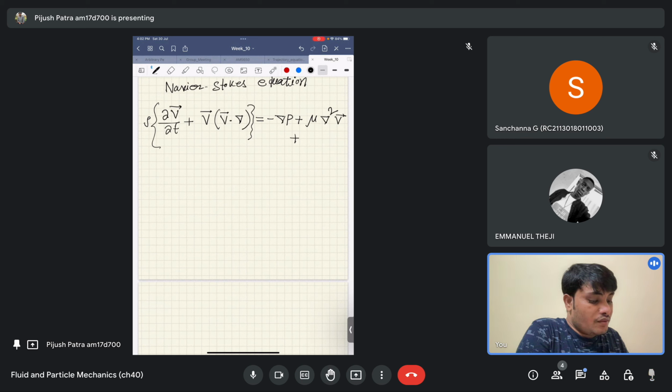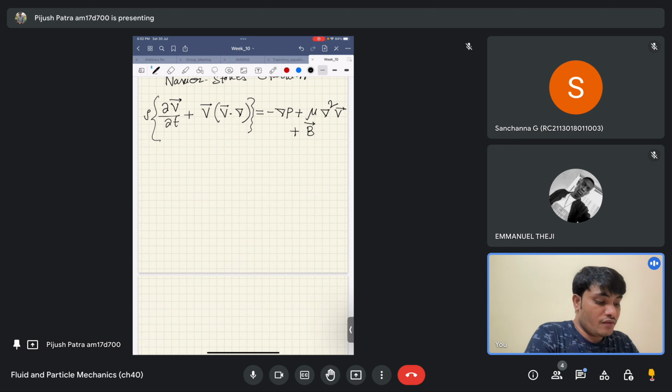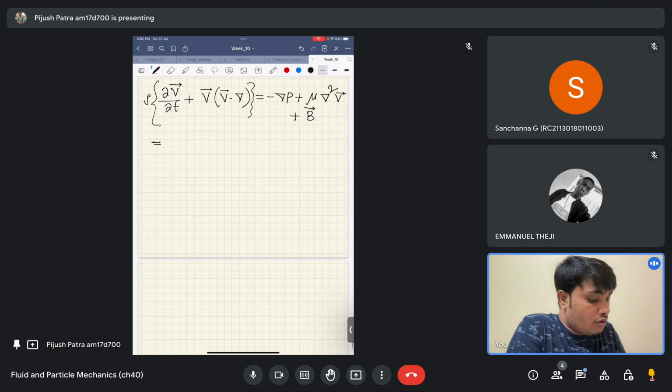So this is for unit volume, so this is per unit volume. So this is body force per unit volume. This B is the body force. You can write it in terms of unit mass also.